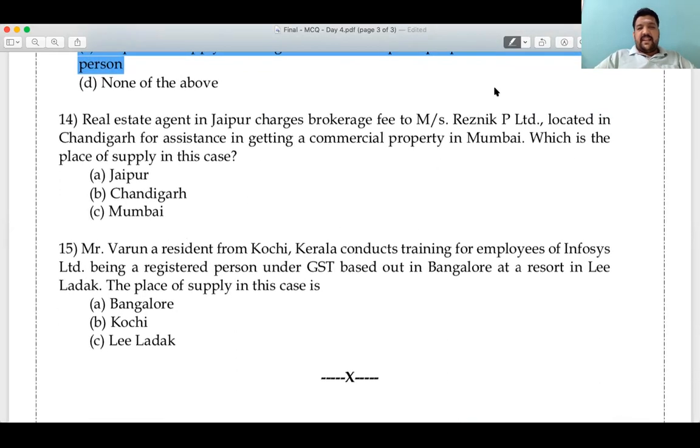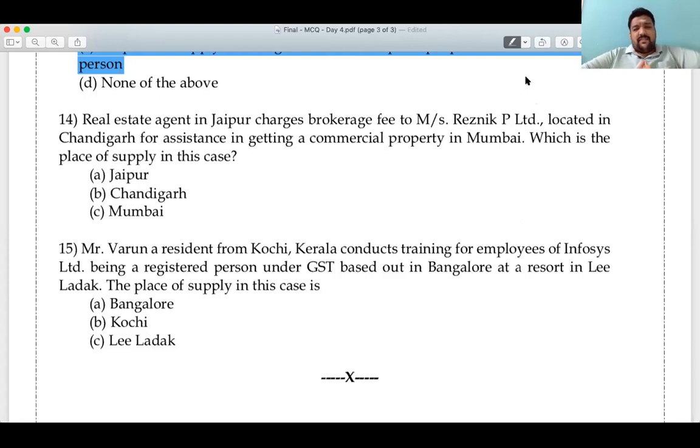A real estate agent in Jaipur charges a brokerage fee to Messrs. Resning Private Limited, located in Chandigarh, for assistance in getting a commercial property in Mumbai. Which is the place of supply? Nice question. I would not say it's a challenging question at all.